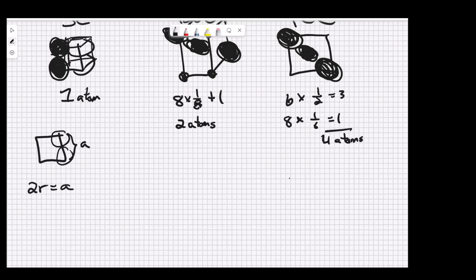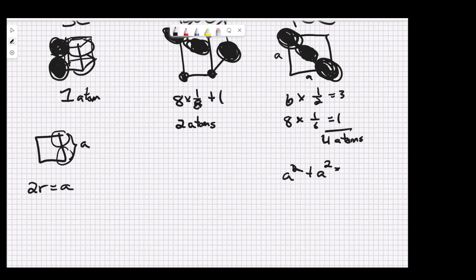We know that the lattice cell parameter squared plus the lattice cell parameter squared is going to be equal to that diagonal squared, right? This is the Pythagorean theorem. That's a right triangle.